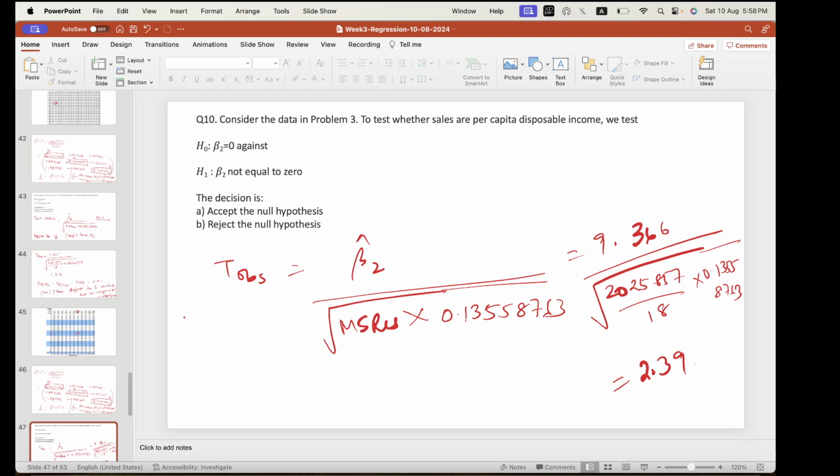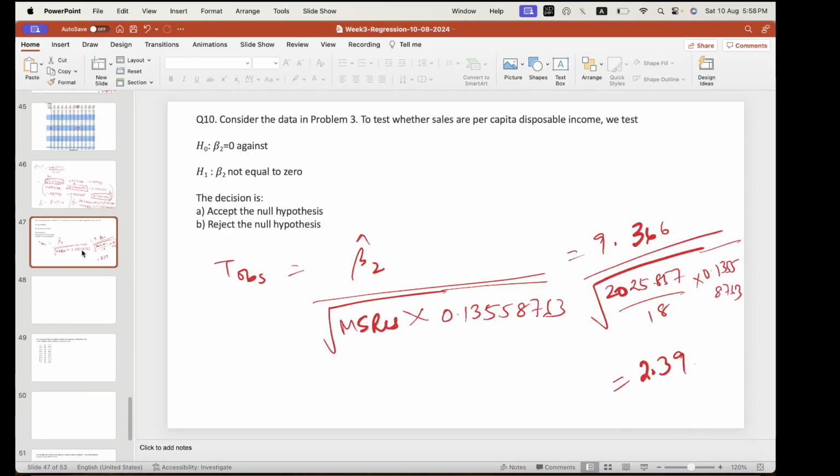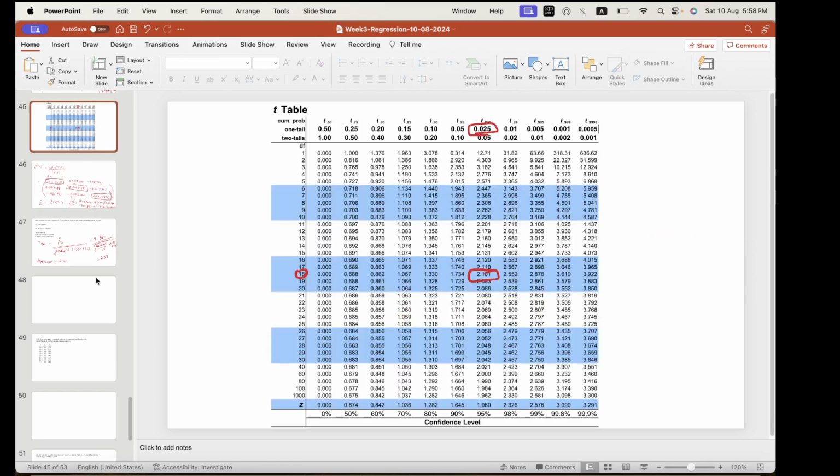But here again, t n minus k, 18, 0.025 is 2.101, right, from the table.